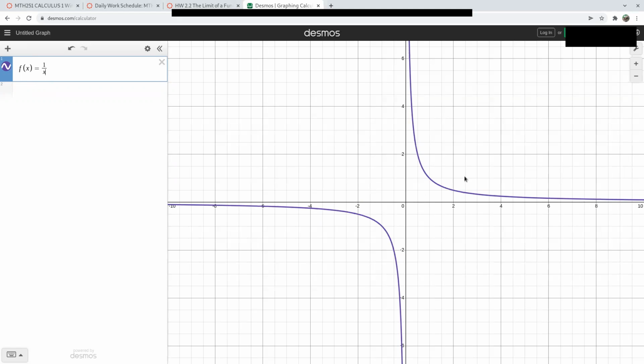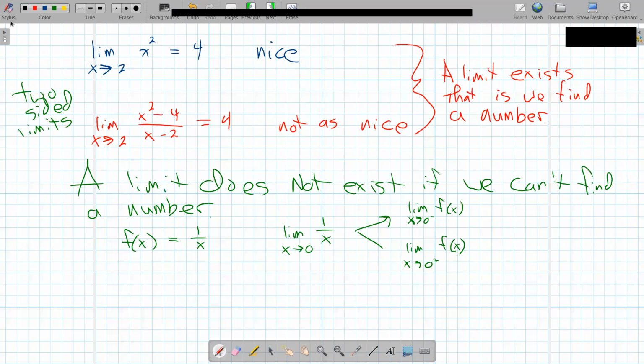But on the other side, instead of the numbers increasing, the numbers are decreasing forever. We have this idea of an asymptote. So that's one way a limit won't exist, if an asymptote is involved vertically. So for this function on one side, this limit does not exist.